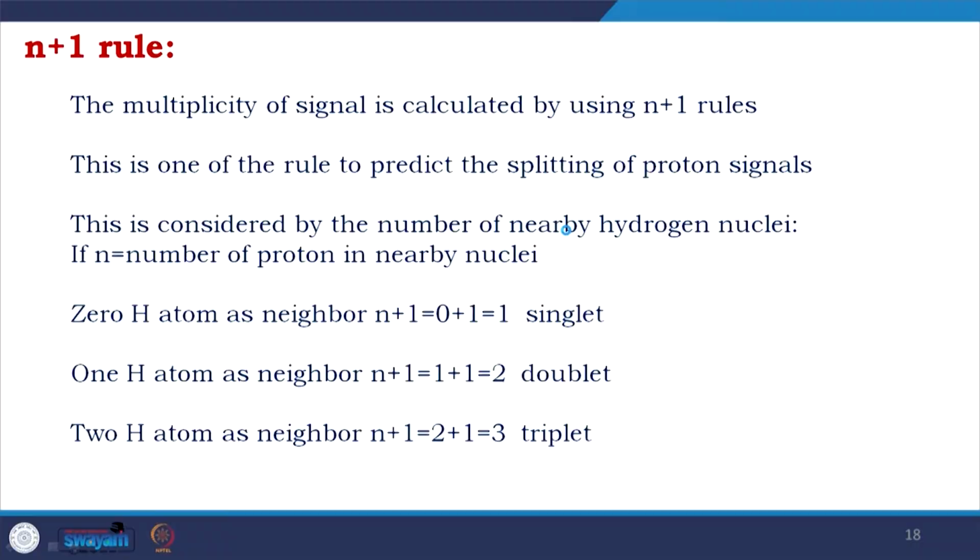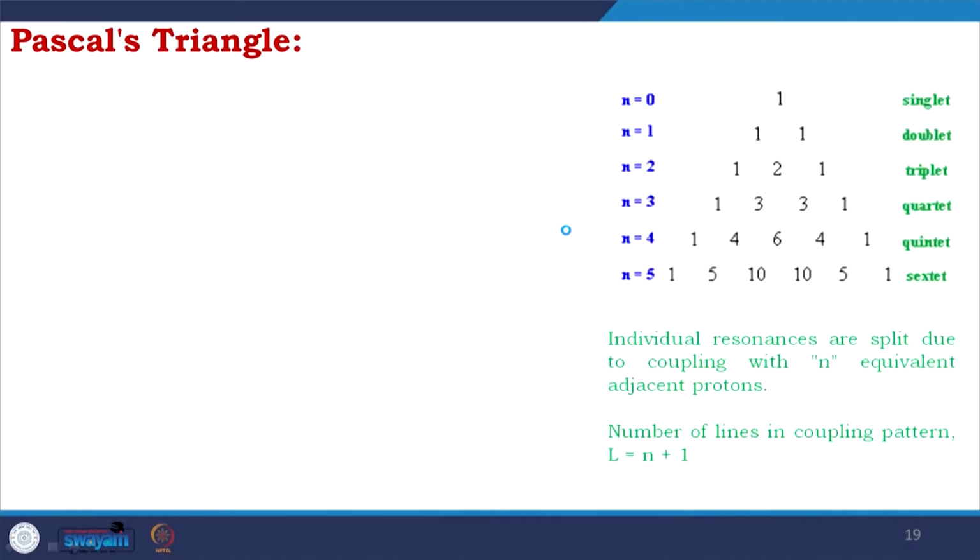The number of hydrogen atoms present plus 1, and this brings us to what is called Pascal's triangle. Pascal's triangle goes along with the n plus 1 rule, but it describes the intensity.